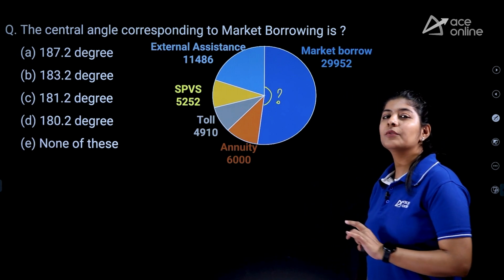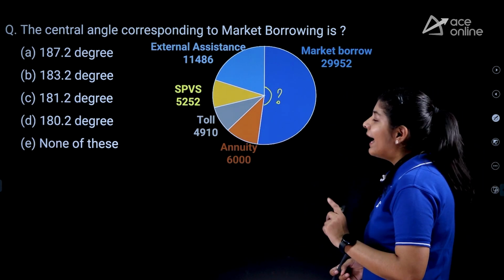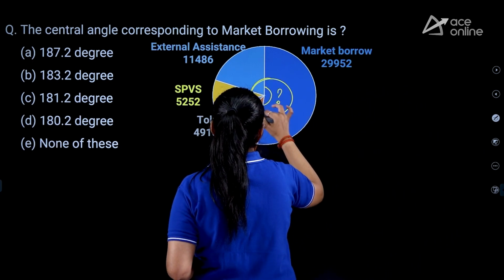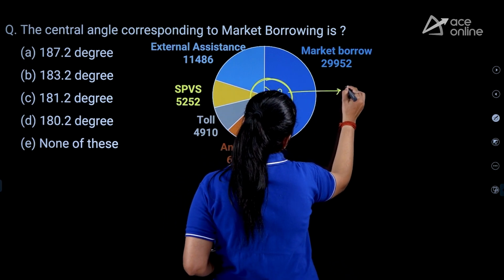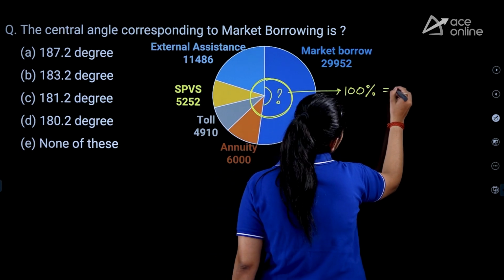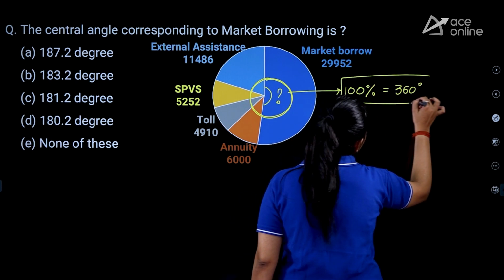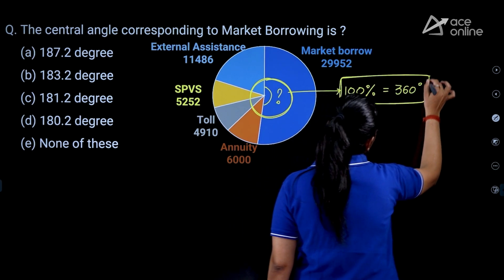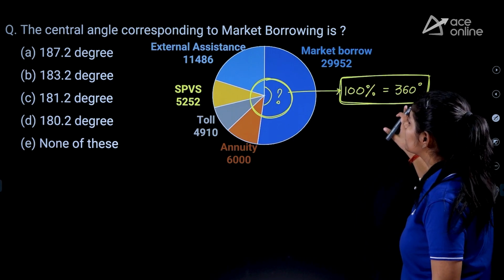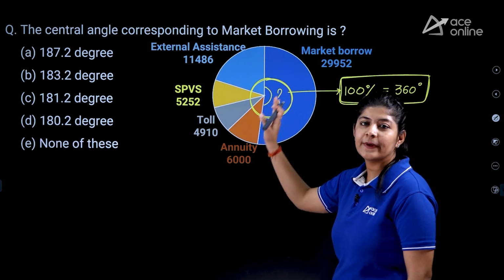We know that this complete value, in percentage, equals 100%, and this 100% equals 360 degrees, right? So basically I need to figure out what is the central angle corresponding to this particular area.